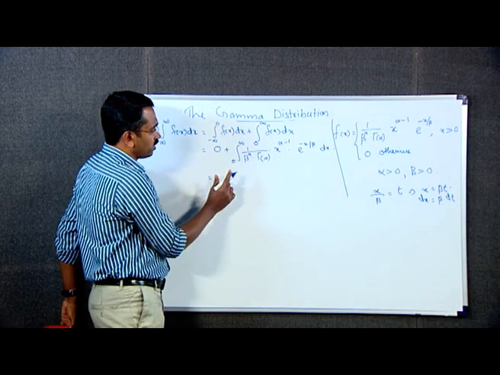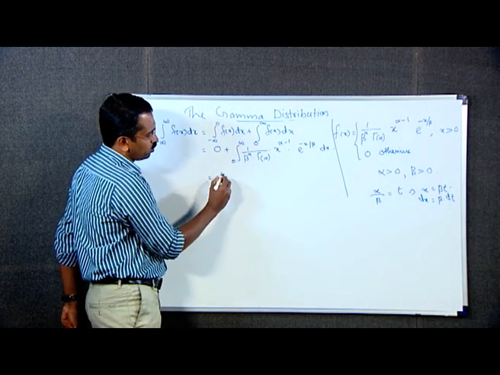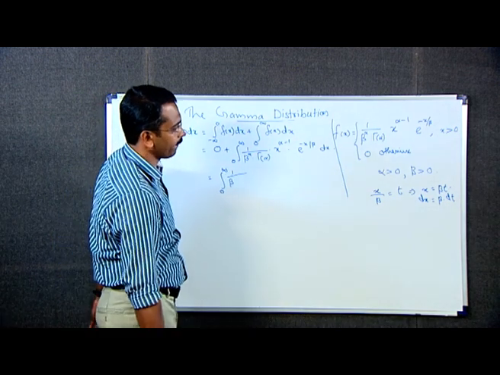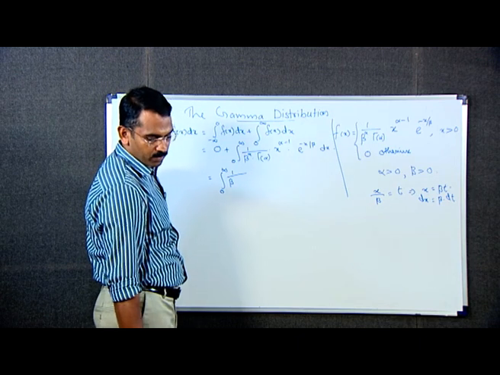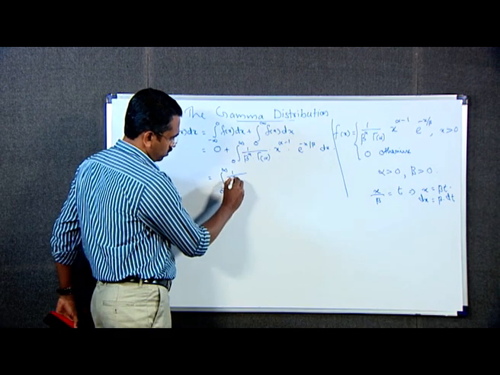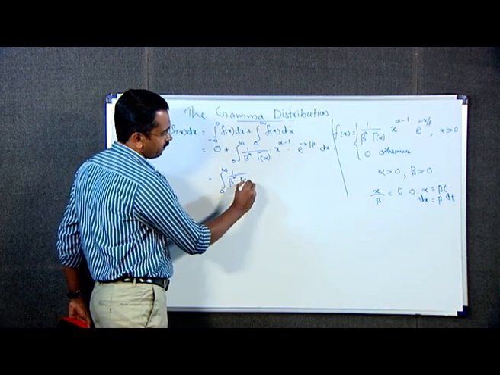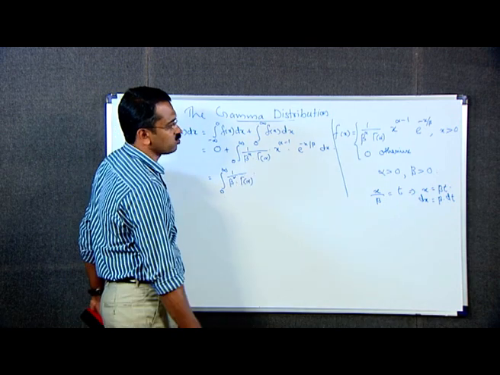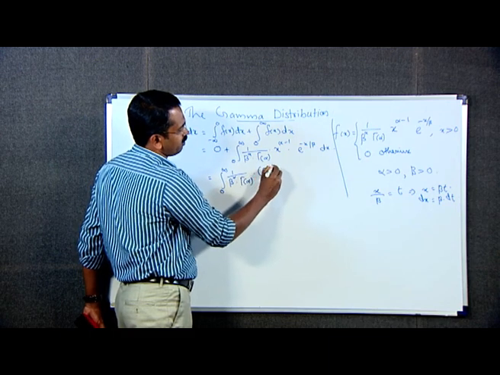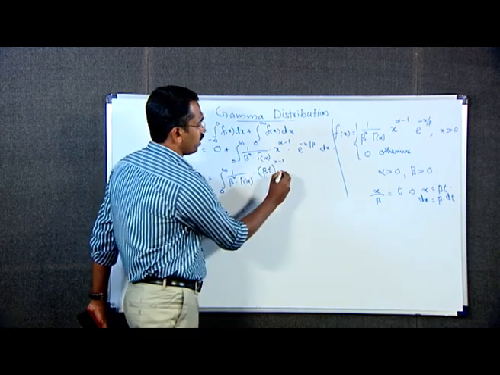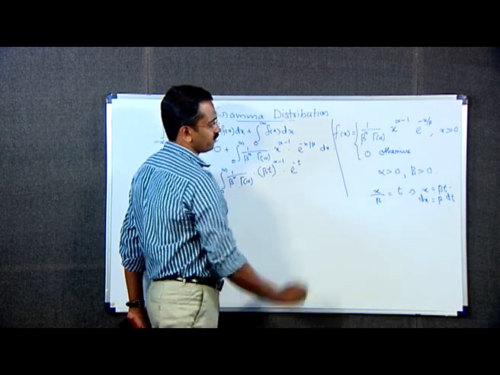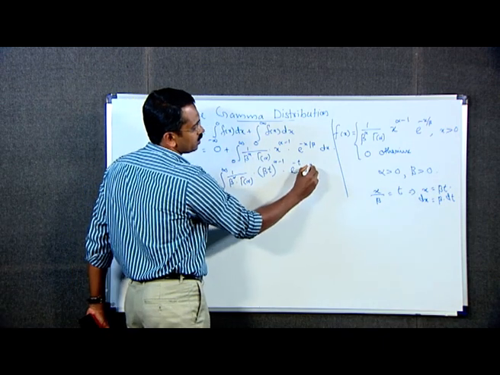This integral will become the integral from 0 to infinity of 1/(β^α Γ(α)) times x^(α−1), which means (βt)^(α−1), times e^(−x/β), which is e^(−t), and dx is β dt.